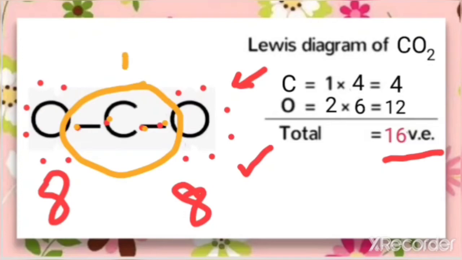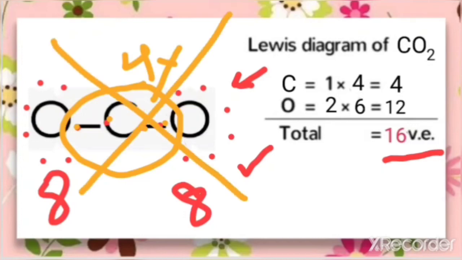Only 4 electrons the carbon has. So we can say that the octet is not complete for the carbon. That means carbon is not satisfied. So the terminal atoms are satisfied here, but the carbon atom, the central atom, is not satisfied. Therefore, this is not the correct structure for this molecule.